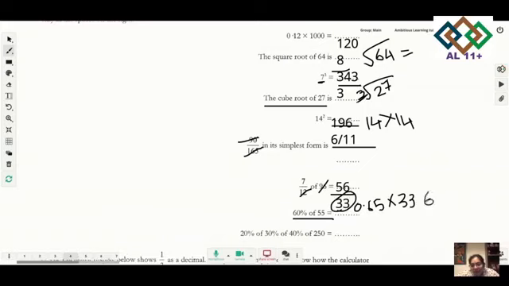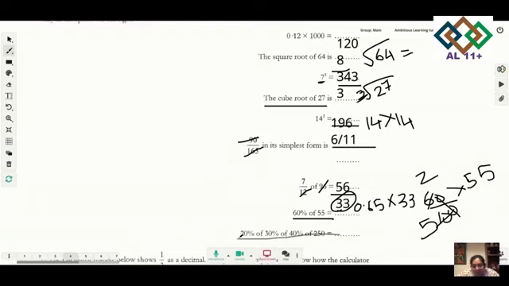Or another way of doing this one is you could write 60 by 100 into 55. And then you could take away the 0 to 0.6 by 10 is 2 by 5. And then try doing it. And in the end, you will get the same answer, 33.